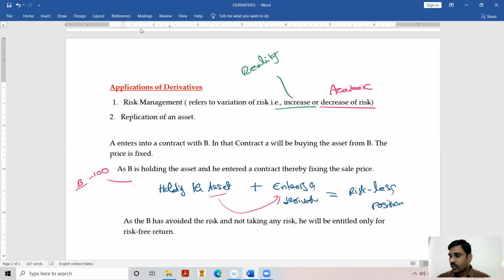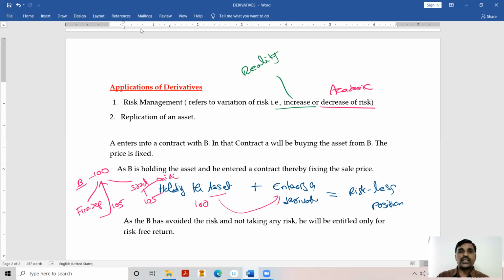Either he can go to the stock market, or he can put it in a bank fixed deposit. After 1 year, it will fetch 105 rupees. So in the stock also, if you hold the asset and enter a derivative position, it is also riskless. Therefore, here also you should be entitled only to 105.